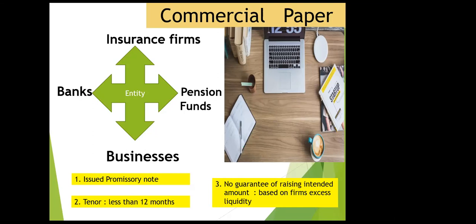So when you decide to issue a commercial paper, insurance firms and pension funds are usually interested, depending on how soon they'll need the money to pay those immediate demand claims. There are also businesses when they have excess liquidity on their balance sheets.